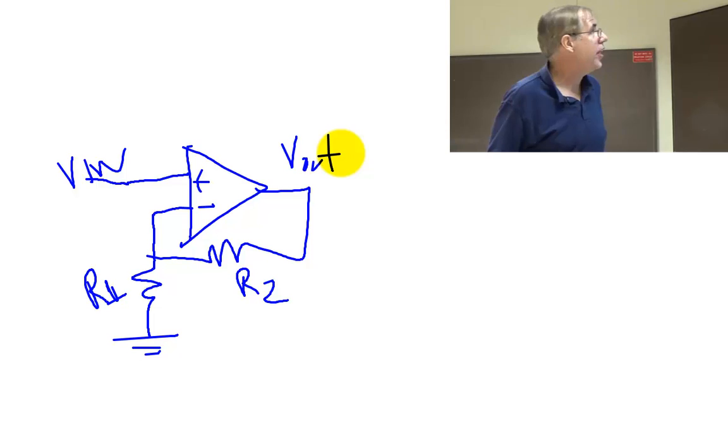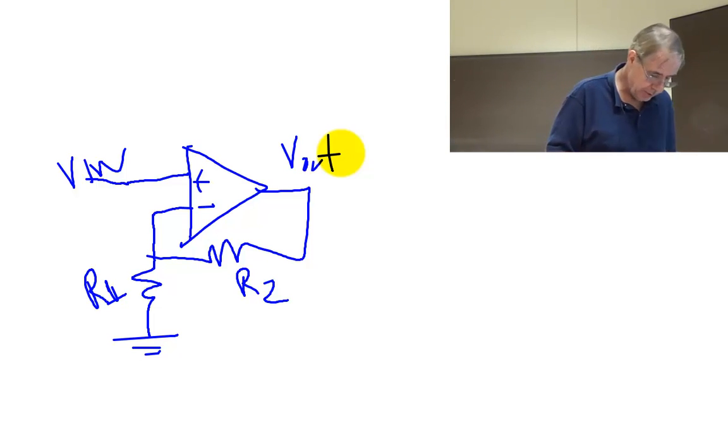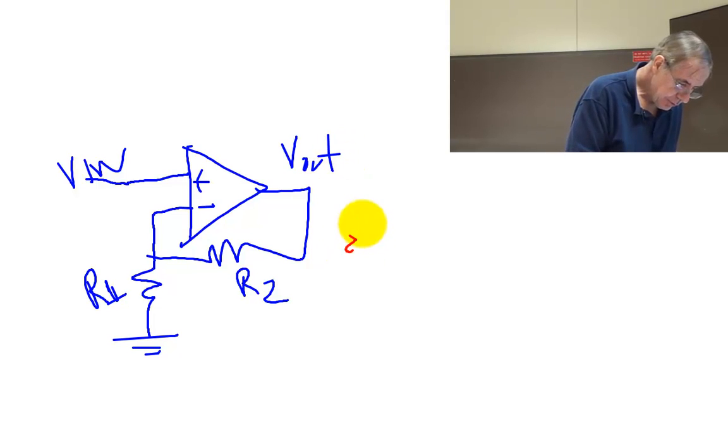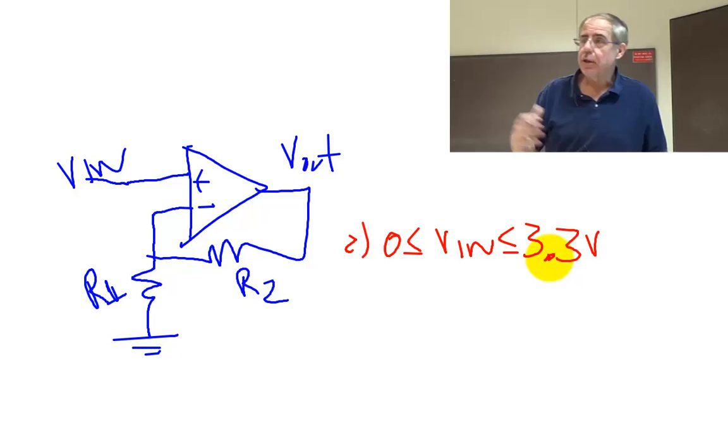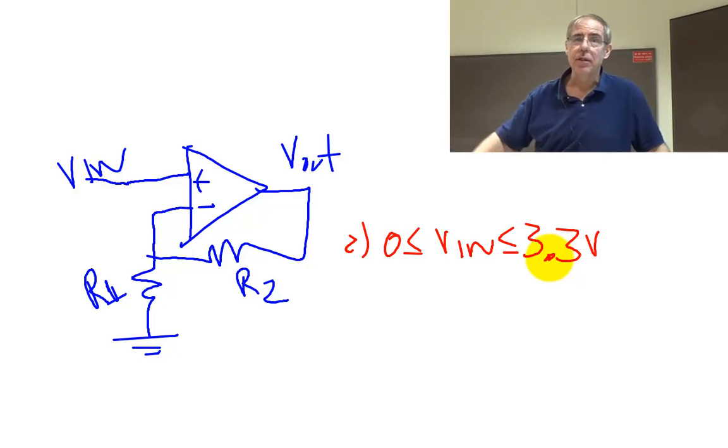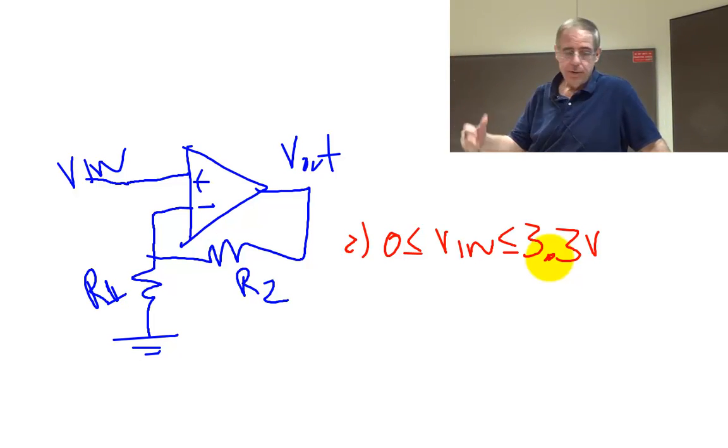What can you tell me about Vn? Rule number 2 tells me what? That Vn better be between 0 and 3. That's rule number 2. How about rule number 3?